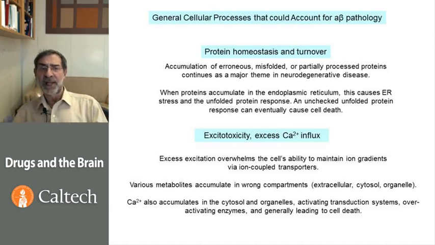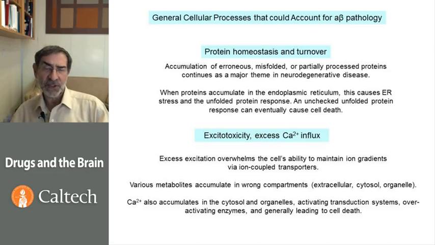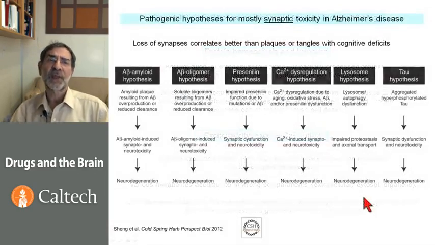Various metabolites would accumulate in wrong compartments, extracellular or the cytosol or an organelle. And when calcium accumulates to too great an extent in the cytosol and organelles, this activates transduction systems, overactivates enzymes, and generally leads to cell death. So these are general cellular processes that could account for A beta pathology.